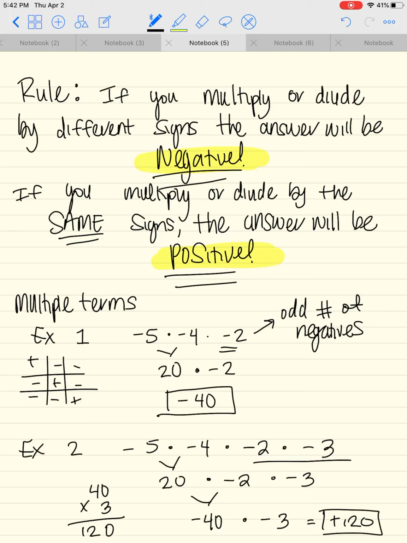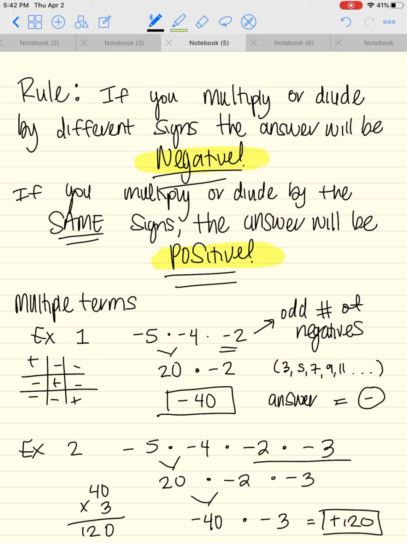Another odd number could be 3, 5, 7, 9, 11, and so forth. Your product will always be negative. So when you have an odd number of negatives, your answer will equal a negative.